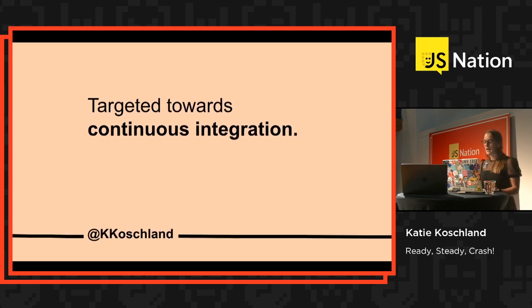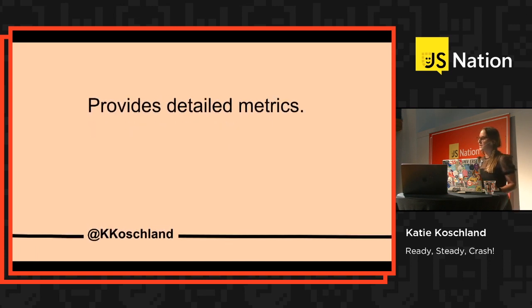This way, you're able to detect at each point of your development process how a feature directly impacts the performance of your application. It also allows you to detect any regressions in your application. And finally, it provides detailed metrics, which I'll go on to explain shortly.